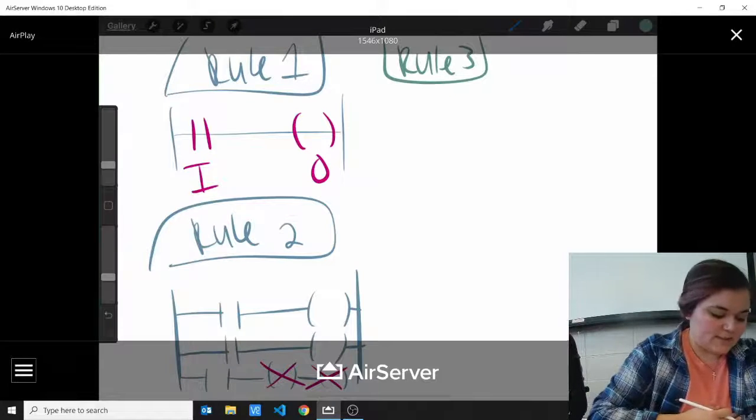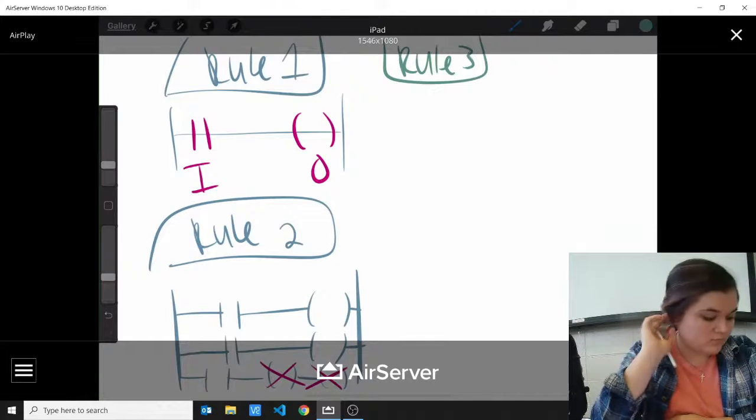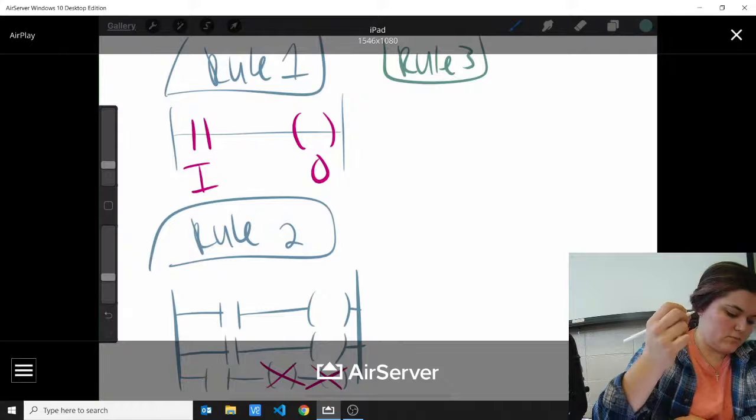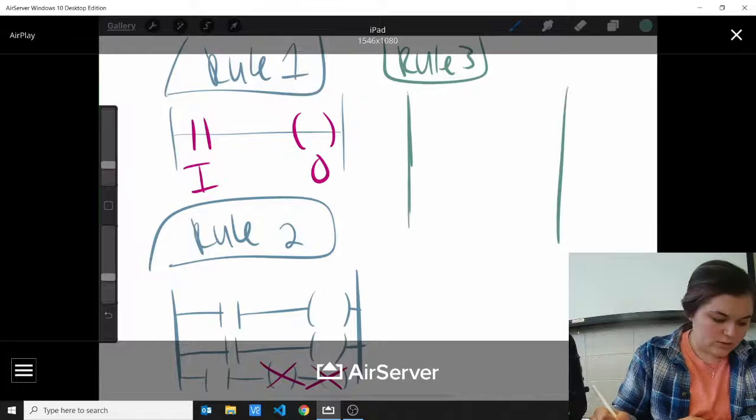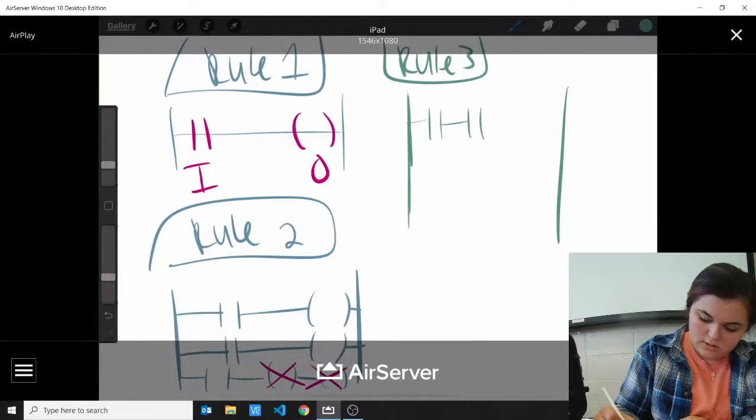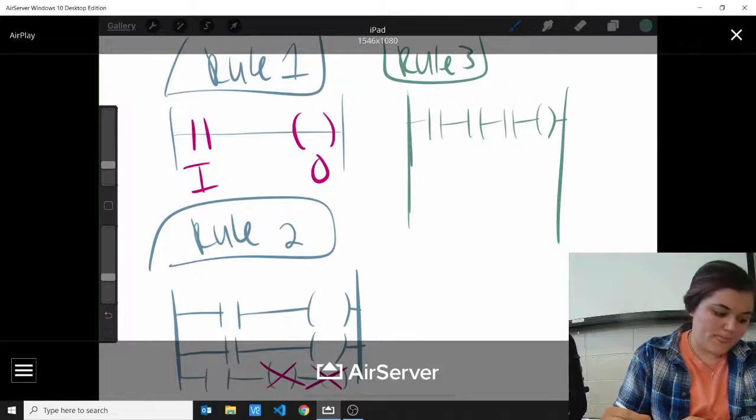Inputs can be placed in series, parallel, or series-parallel. So here's an example of that. We've got our line 1, line 2. We've got an input, an input, an input, and an output on rung 0. And that's in series, obviously.